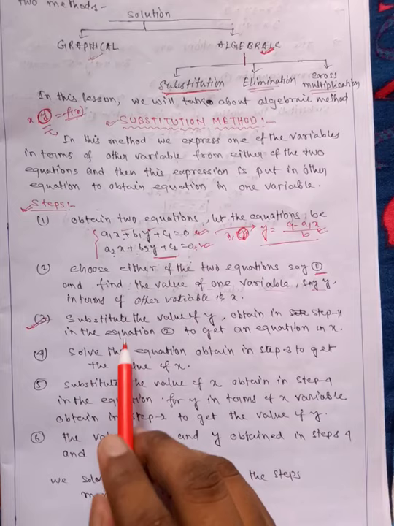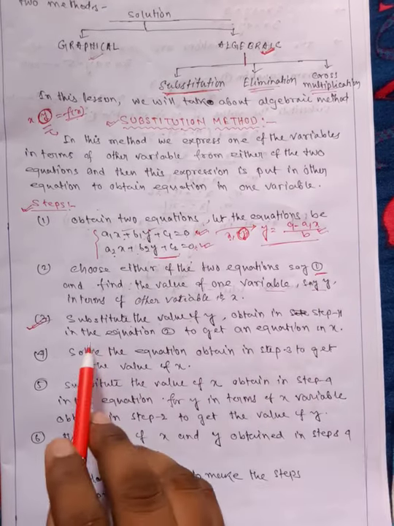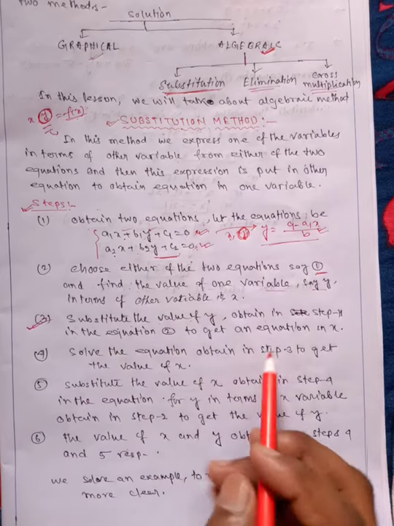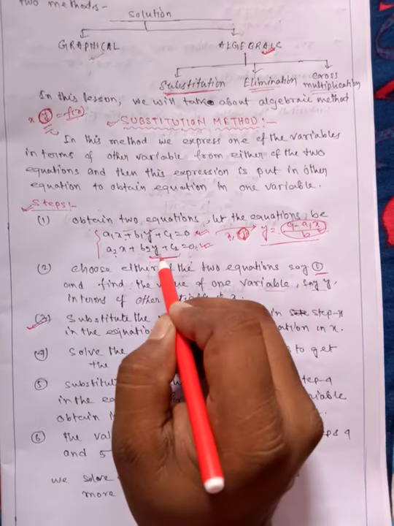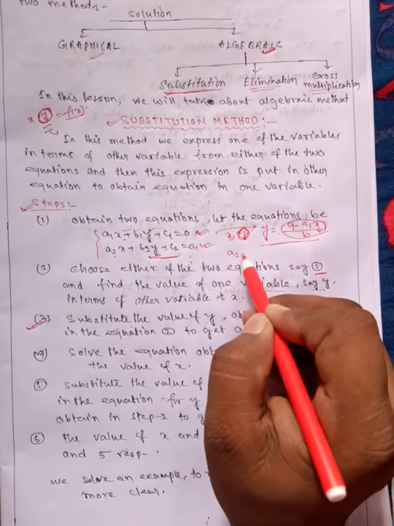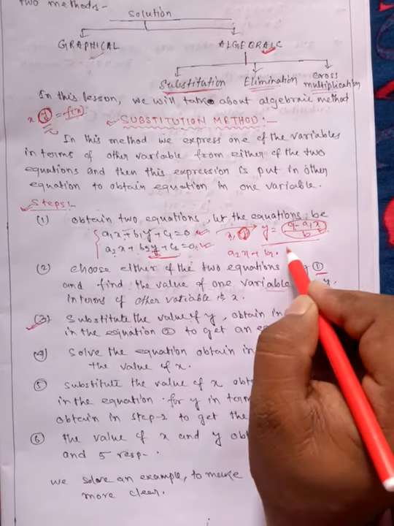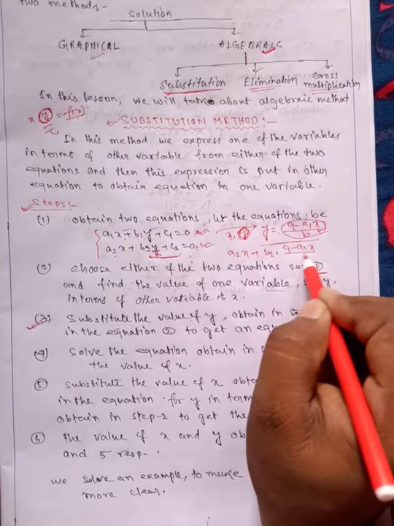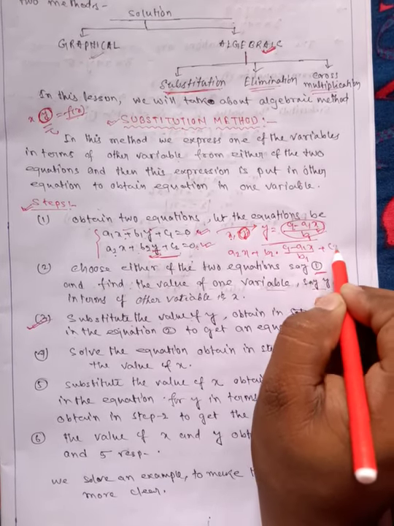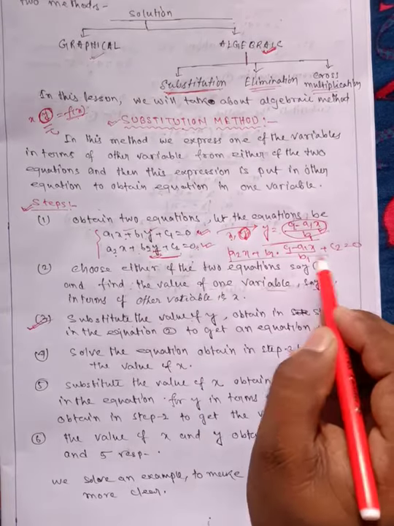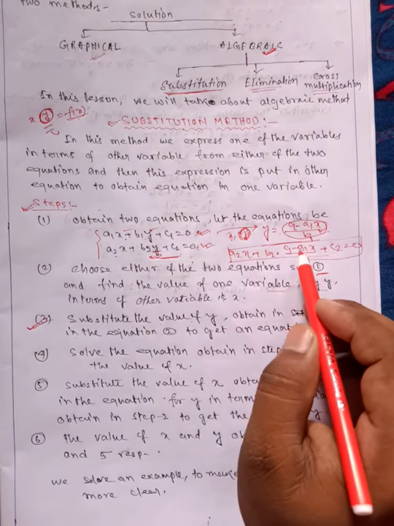So next step, substitute the value of y obtained in this step in equation 2 to get an equation in x. So I will put this value of y in the next equation. So a2x plus b2 into, I will put the value of y, so (c1 minus a1x) by b1, plus c2 equal to 0. So you can see this is an equation of only one variable x, and there are constants.